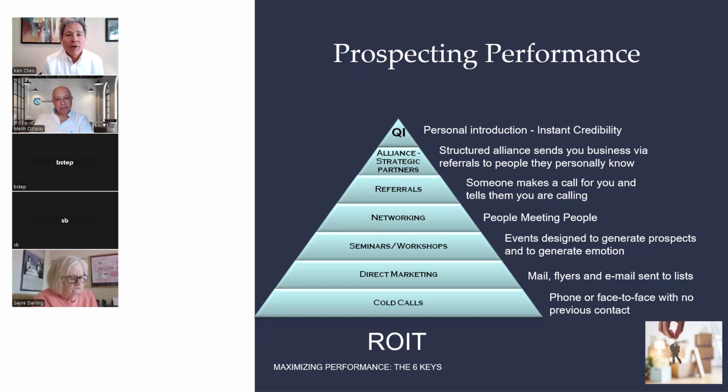As you move up into alliance partnerships, where somebody has a good relationship with the person who's introducing you, and they're expecting your call, then that's more of a 95% return on invested time.